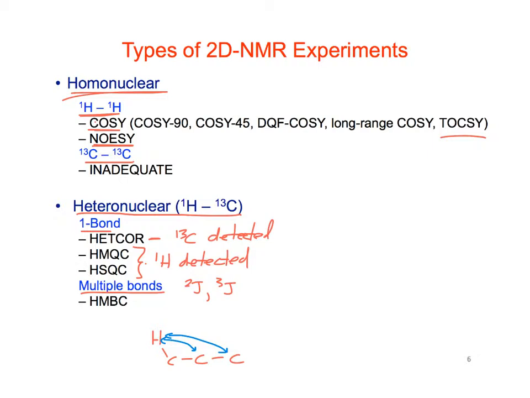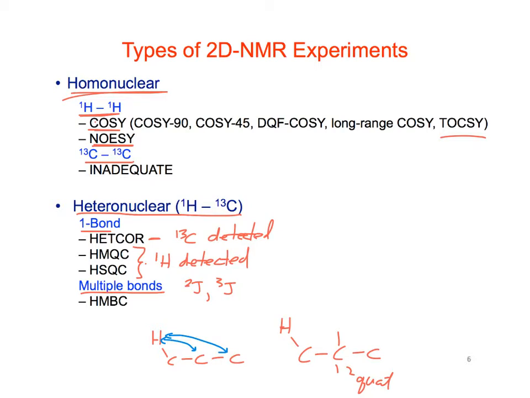Where this becomes especially useful is when our proton spin system is broken up. So for example, if this is a quaternary carbon here, we can't look at just proton couplings because there are no protons on that carbon.